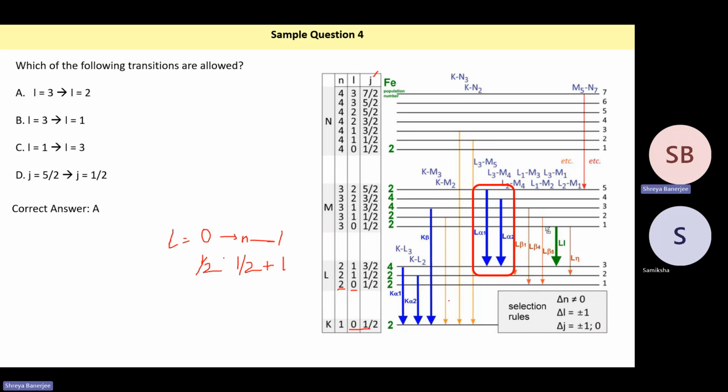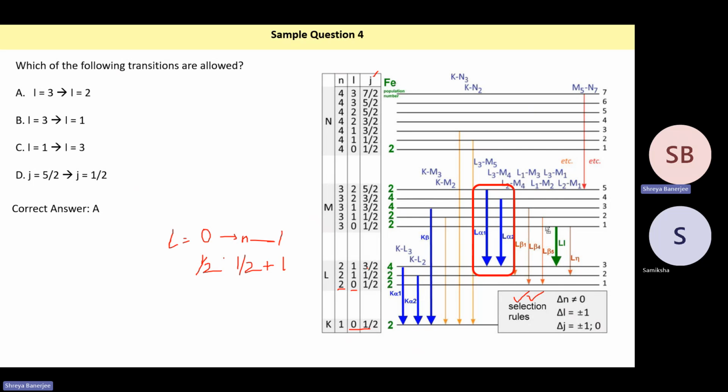The selection rule to be remembered is this: delta n cannot be 0. So within the L shell, you cannot have transitions. Delta L is plus minus 1. That means the L shell has 3 subshells.